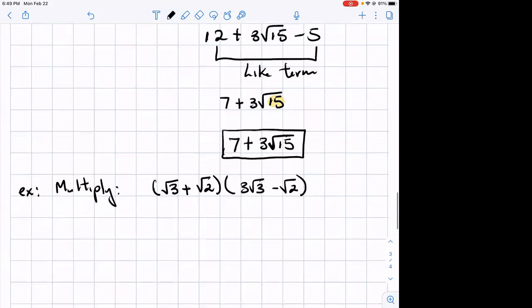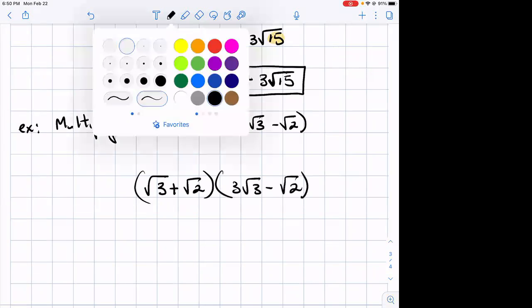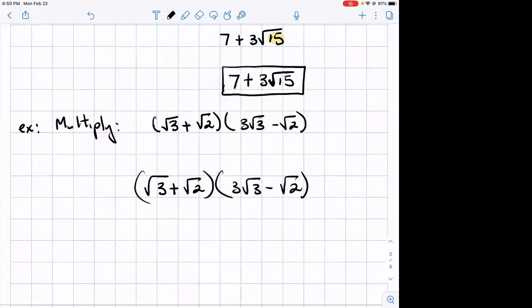Once again, I can rewrite it and FOIL it out because they're two binomials. If we multiply first this times this, that's my first term.